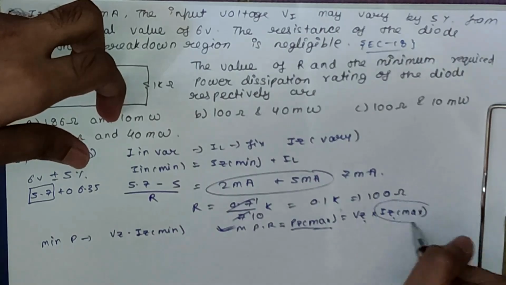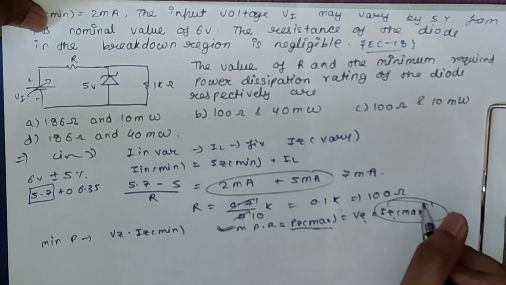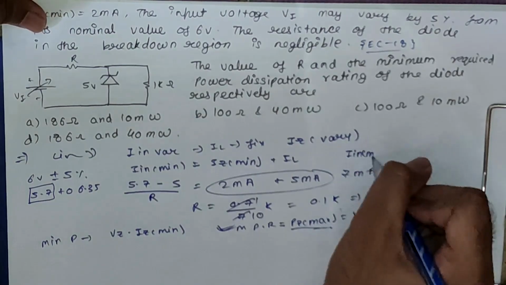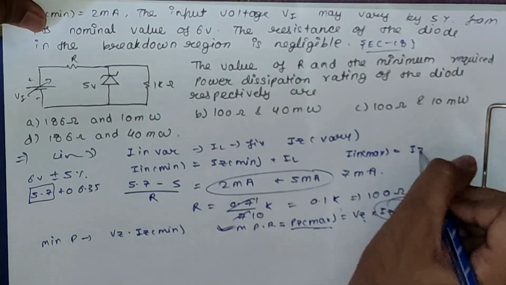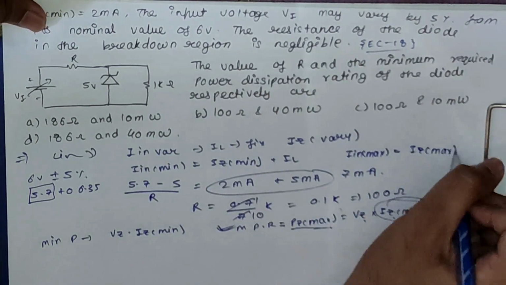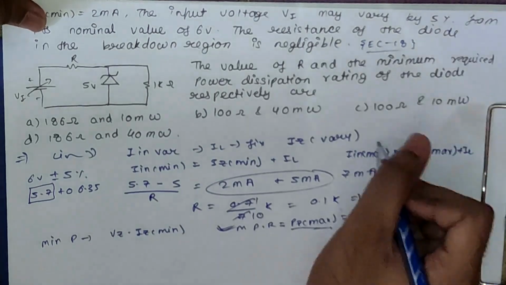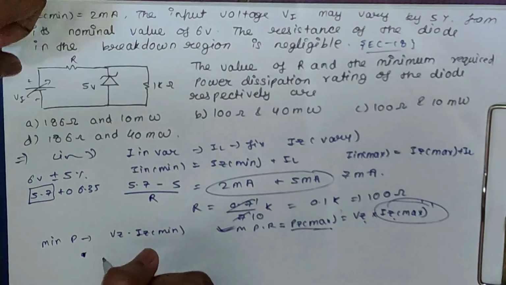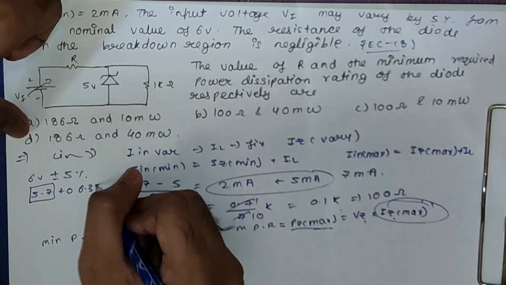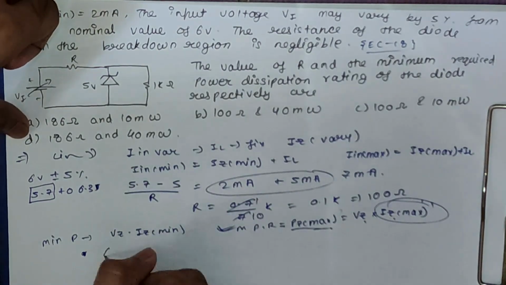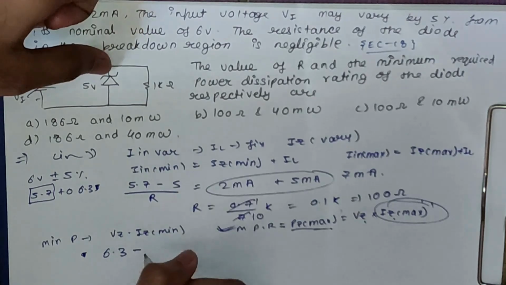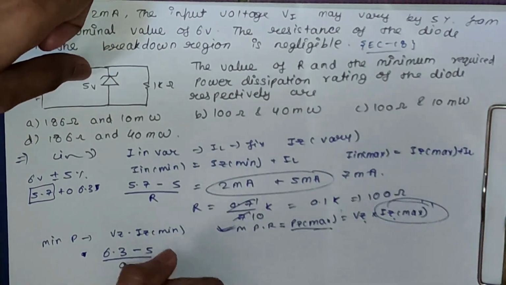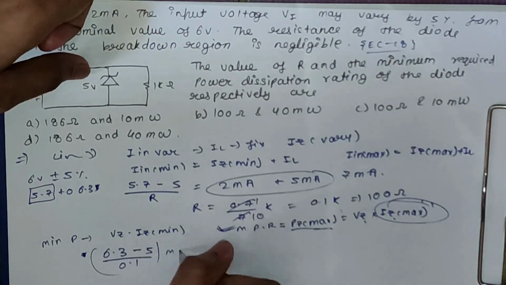So we have to find Iz max first. For Iz max we will use this equation: I in maximum is Iz maximum plus IL. I in maximum occurs when Vi is maximum. Vi maximum is 6.3 volt. So we get 6.3 minus 5 upon R. We know this is 100 ohm, which we write as 0.1 K so that the result is in milliampere.